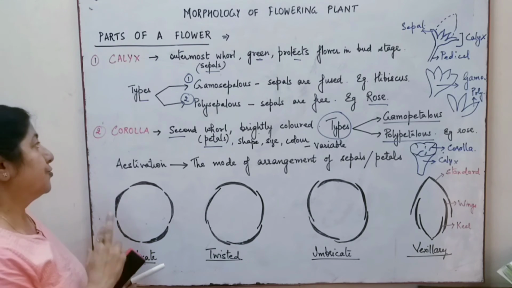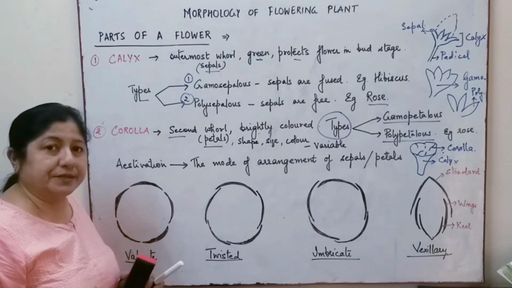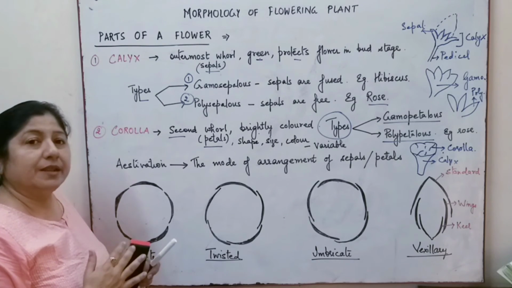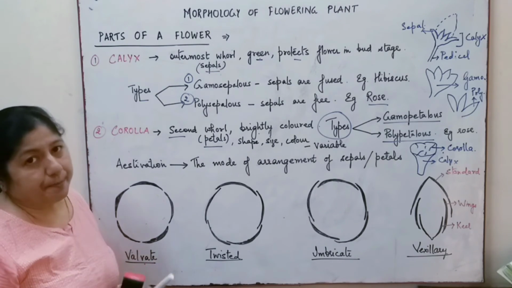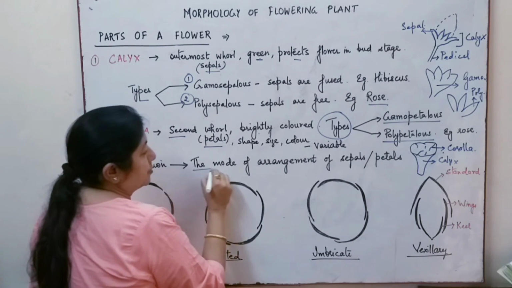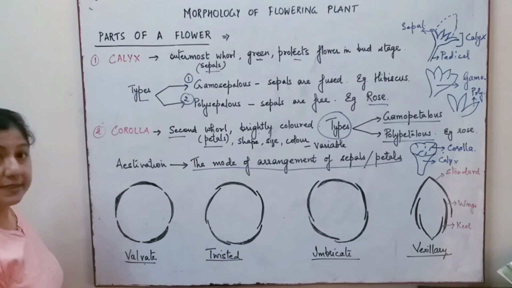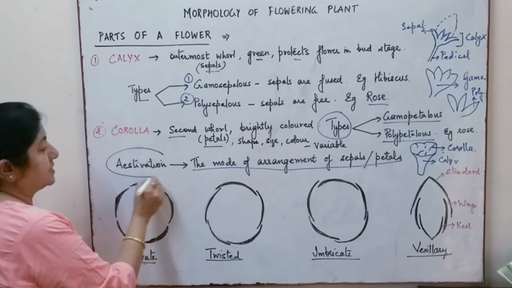Now this corolla and the calyx, that is the sepals and the petals, both can be arranged in different patterns, and the mode of arrangement of sepals and petals is known as aestivation.